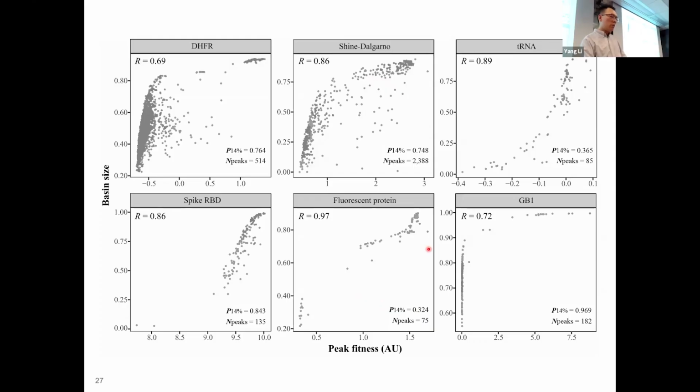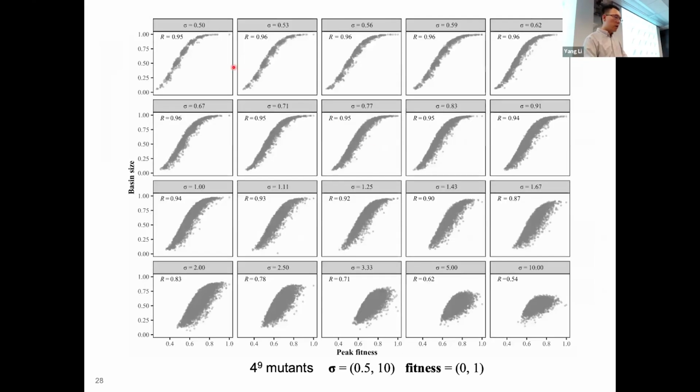So for this idea, we introduced the Rough Mount Fuji model for comparison. And here are the results. When delta is 0.5, there are only a few peaks, so the correlation is fair between the peak fitness and the basin size.